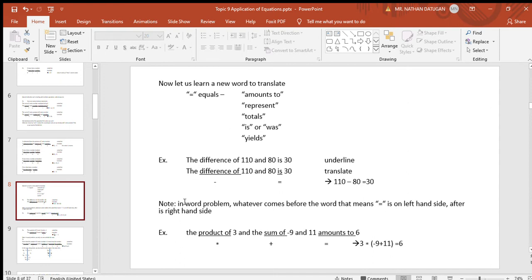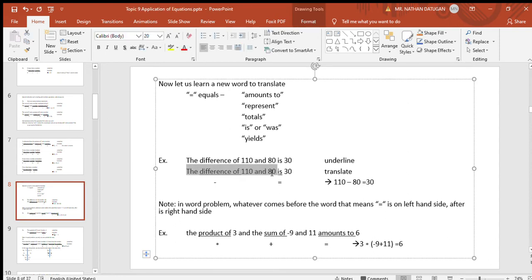So a key note right here below. Whatever comes before the word that means equal sign is always going to be on the left hand side. So this part is going to be on your left hand side, okay? And anything to the right of this word that means equal sign is going to be on the right hand side.